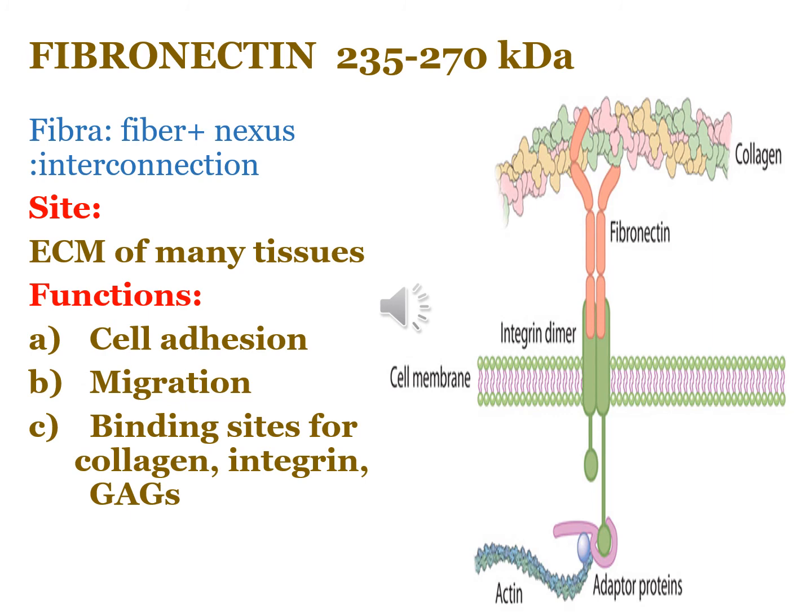It is important for cell adhesion and cellular migration through the extracellular matrix. So the functions are, it is going to adhere to the cell, help in the migration of the cell, and provide binding sites for collagen and integrin. You can see collagen on the upper part and integrin binding on the lower part, and it is also going to bind to some other GAGs as well.